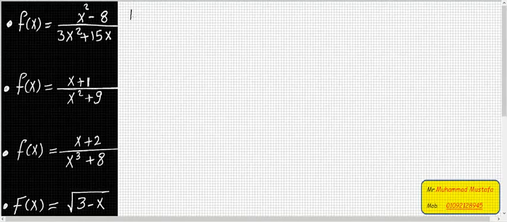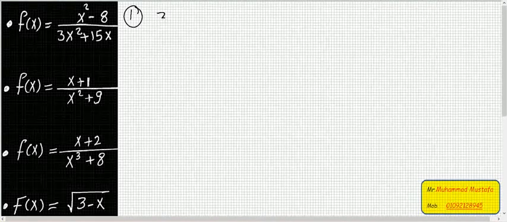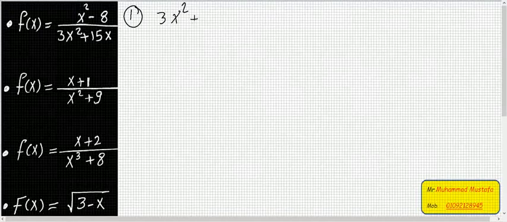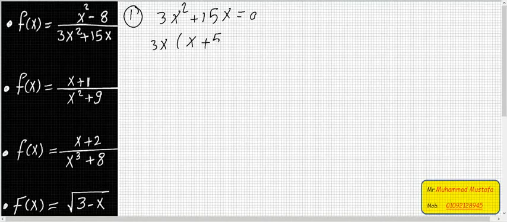Number 1. We put the denominator equal to 0: 3x² + 15x = 0. We take the common factor 3x. x² divided by x equals x, and 15 divided by 3 equals 5, so 3x(x + 5) = 0.